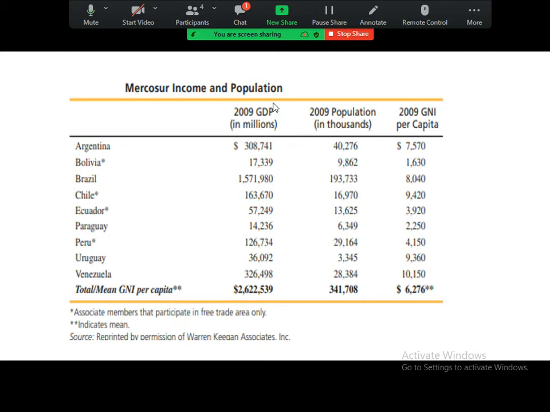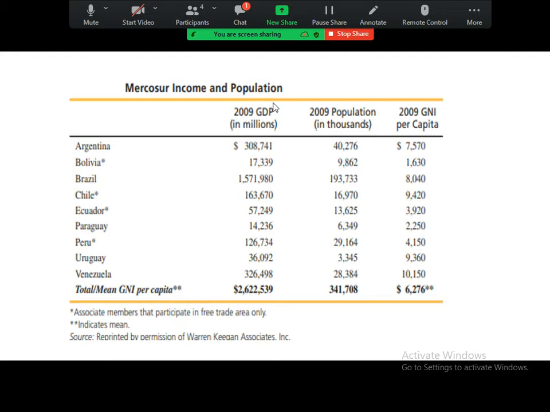Now, Chile's export-driven success makes it a role model for the rest of Latin America as well as Central Europe and Eastern Europe. In 2004, Mercosur signed a cooperation agreement with the Andean Community. As a result, Bolivia, Colombia, Ecuador, and Peru have become associate members.